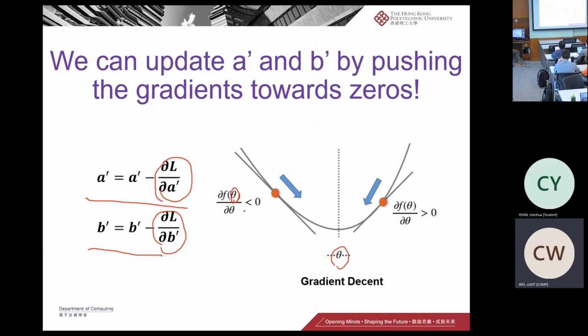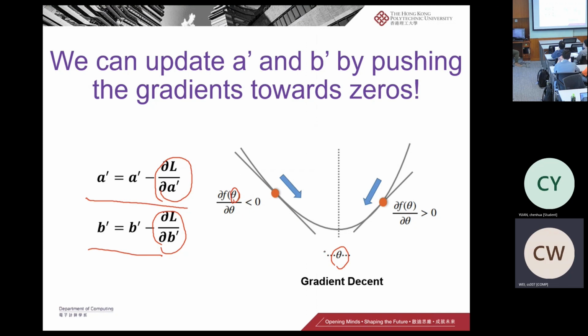Usually people use the symbol theta to represent the parameters. So here, theta can be either A or B. I just want to make it easier by picking one theta to represent it.